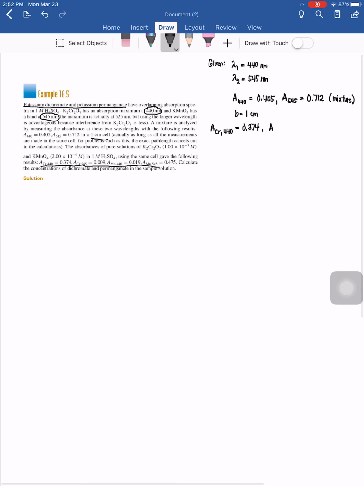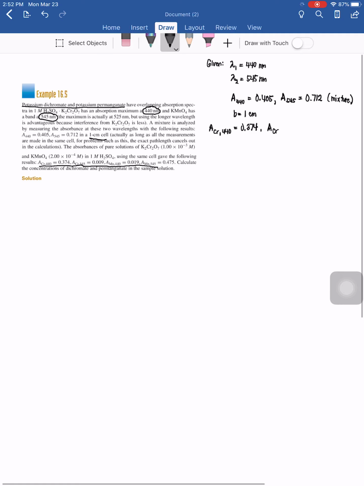And resetting our spectrometer to 545 nanometers, the dichromate by itself has an absorbance of 0.009.